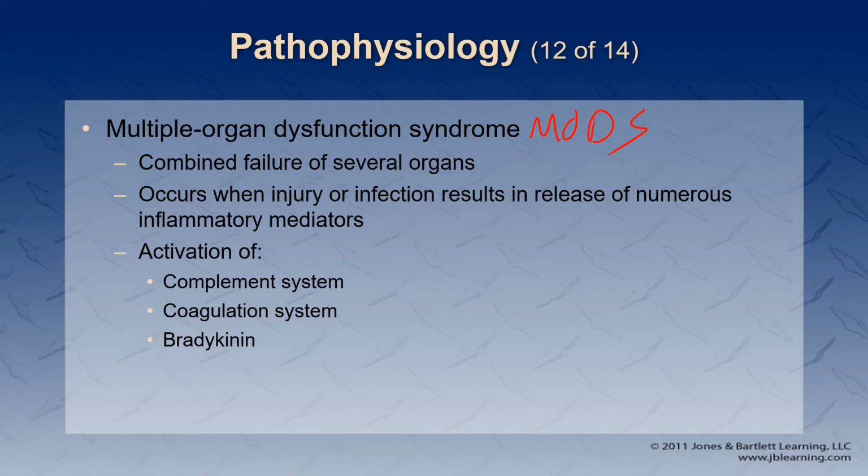This is what ends up killing people. Even if you are able to turn them around, this organ damage will still persist and could end up killing them days or weeks later, or causing permanent disability. So you get all kinds of these various immune system arms that will get upregulated, right?